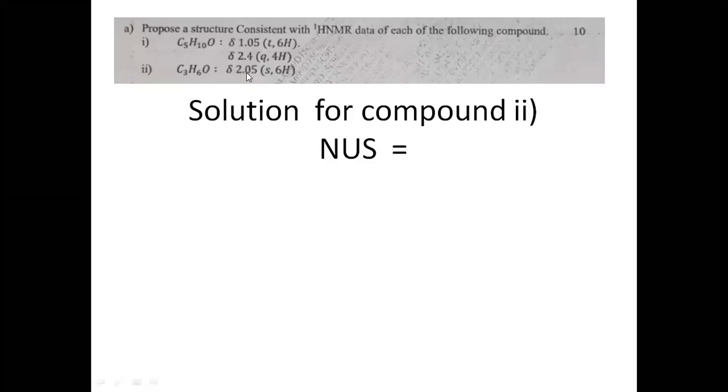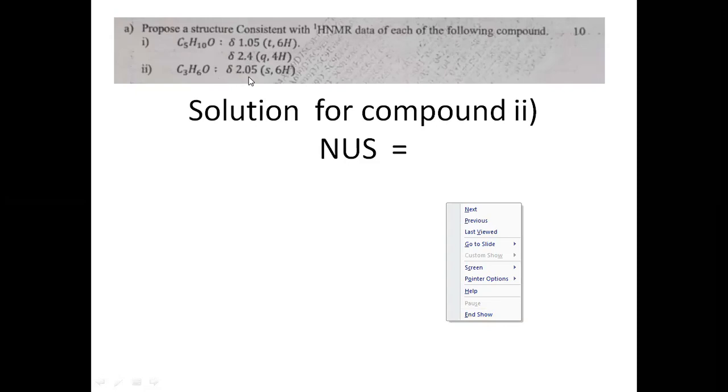Now delta value is 2.05 and it is a singlet having 6 hydrogen atoms. 6 hydrogens of one type. Then what may be the structure of the compound? One unsaturation is there and there are 6 hydrogen atoms of one type only, and the delta value is 2.05.